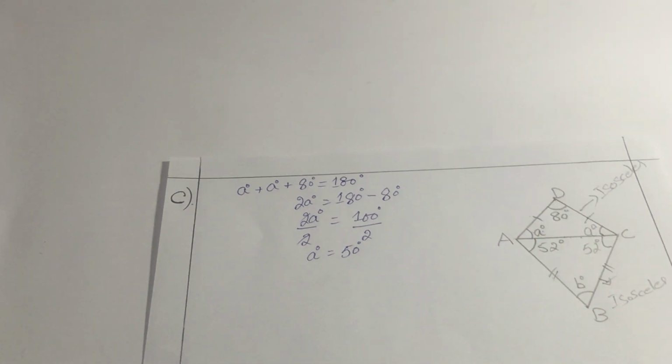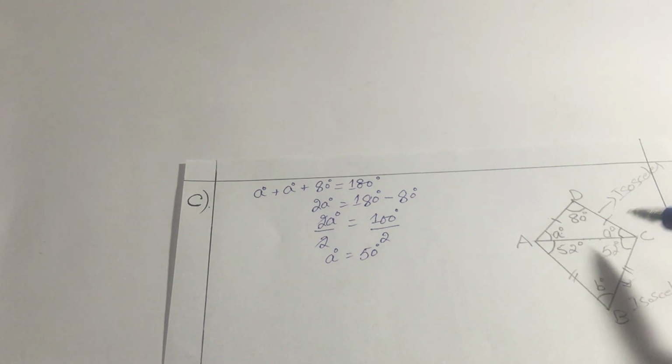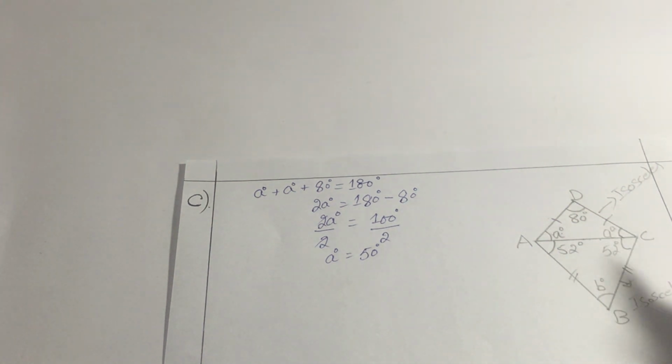And as we have done in the first part, in the first top triangle, the sum of the interior angles of a triangle is always equal to 180 degrees.